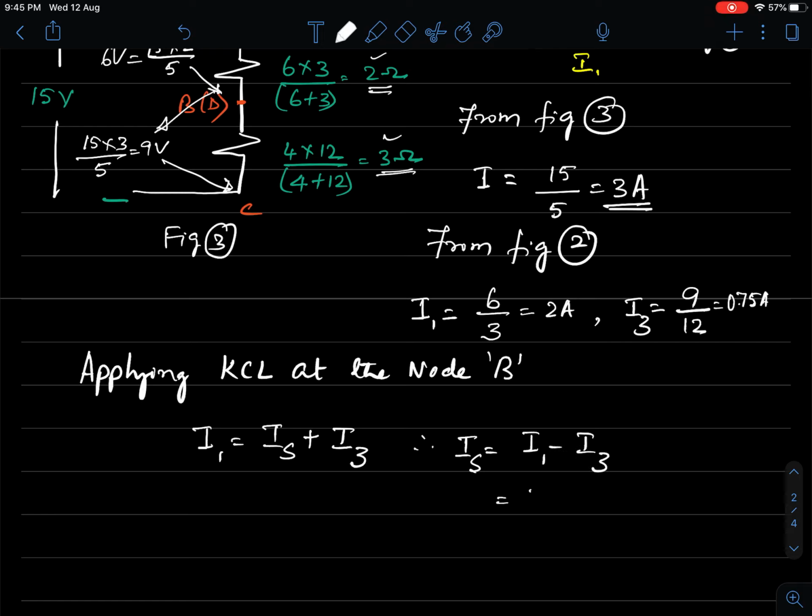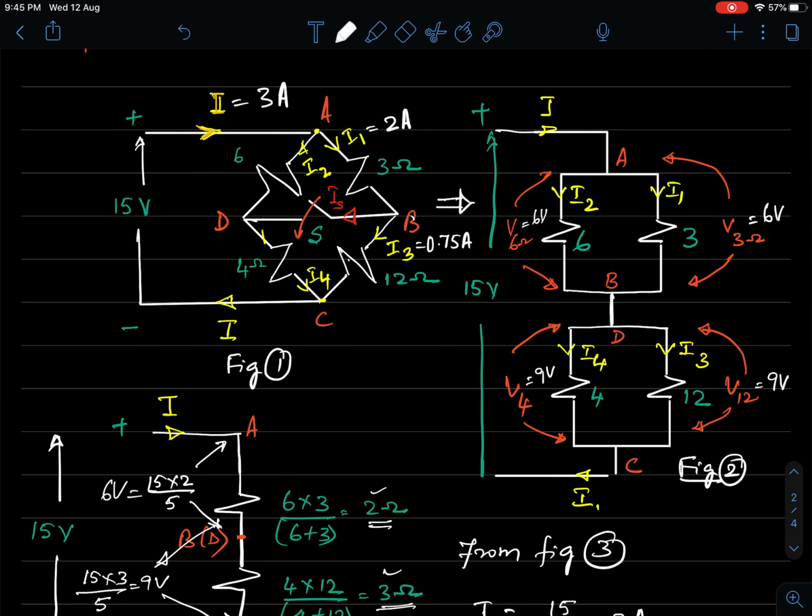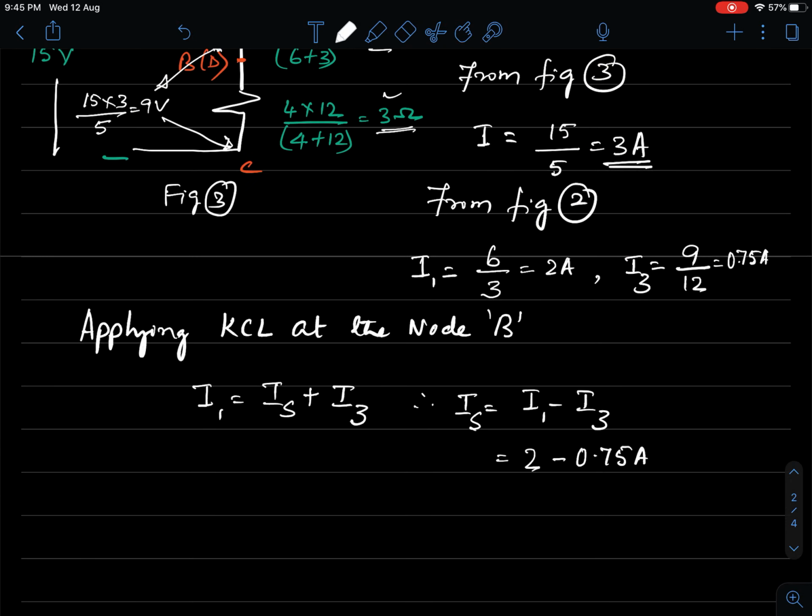So my I1 is 3 ampere. My I3 is 0.75 ampere. So the difference between the two, I1 is 2. I1 is not 3, I1 is 2, isn't it? I1 is 2 and I3 is 0.75.